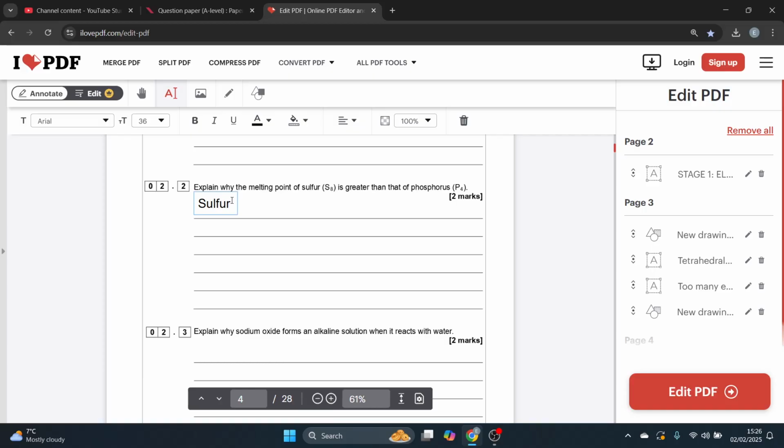So for sulfur, we're just going to talk about the idea that it's got more electrons. Actually, we just say sulfur molecules are bigger than phosphorus molecules. Hence, van der Waals forces between sulfur molecules are stronger.